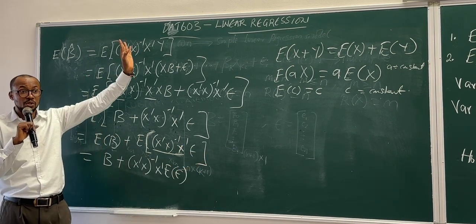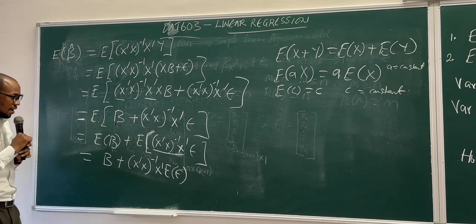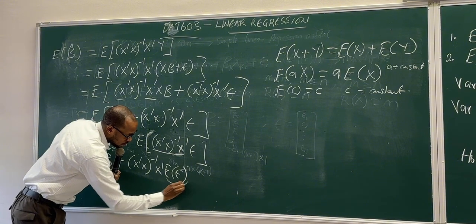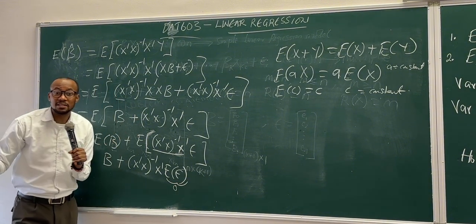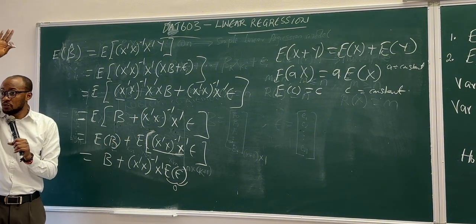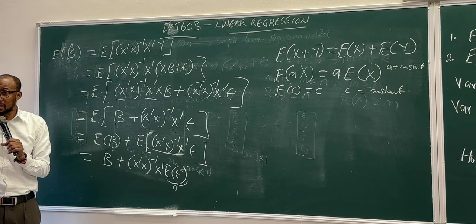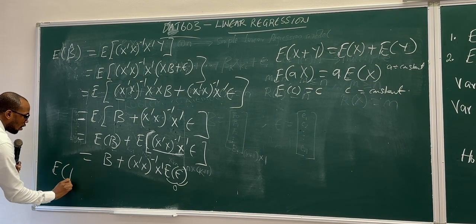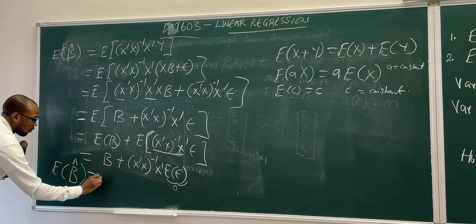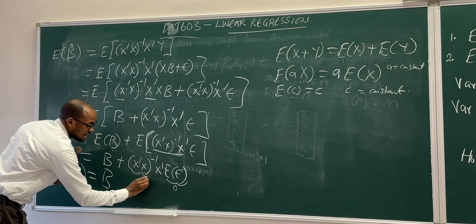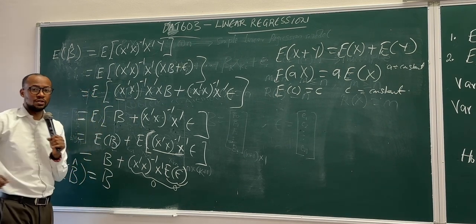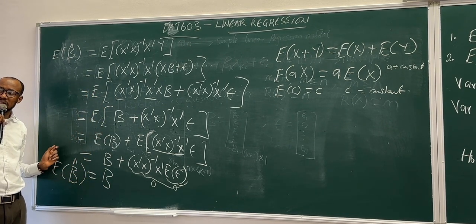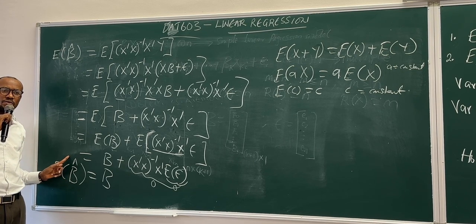The expectation of E is 0, right? That was the first set of assumptions we made. So the expected value of beta hat will be equal to B, because everything else goes to 0.